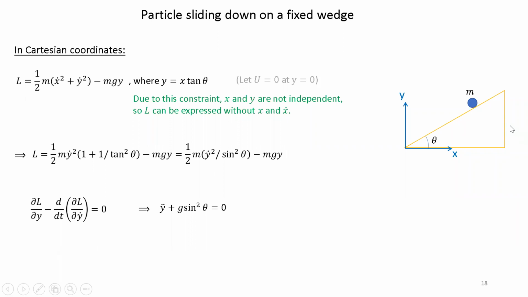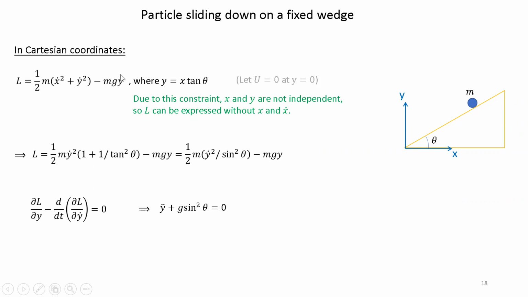Okay. So this one, as I said, what you've seen before. This is just a particle sliding along this inclined plane, right? So this time, I can just use the Cartesian coordinate system. Then this is the Lagrangian that we'll get.